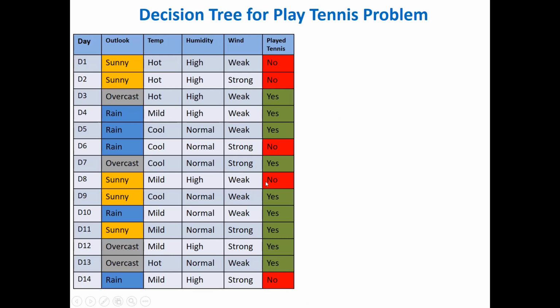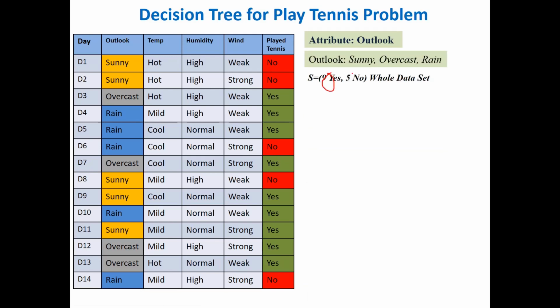First we will find the entropy of the whole database. In this whole database there are 9 positive examples and 5 negative examples: 1, 2, 3, 4, 5 no, and 1, 2, 3, 4, 5, 6, 7, 8, 9 positive examples.